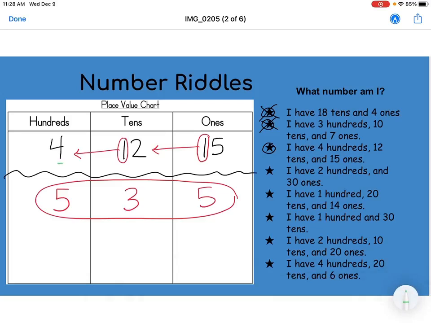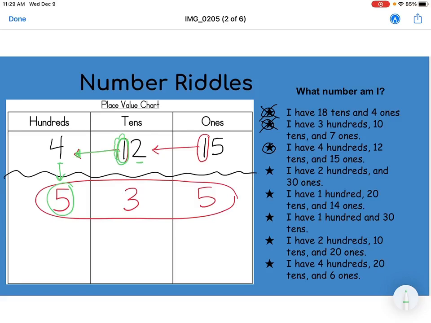We know we started with 4 hundreds, but as you can see, 12 tens gives us 10 tens that we can move over, which is another 100, so we can add 1 more 100 to 4. And so that's how we ended up with 5 hundreds, because 4 hundreds plus 1 more 100, which is here, gets us 500.